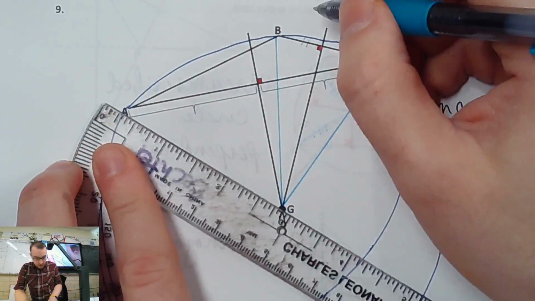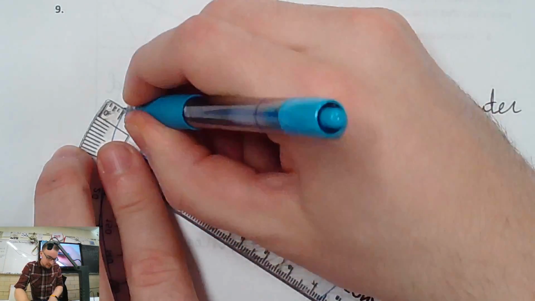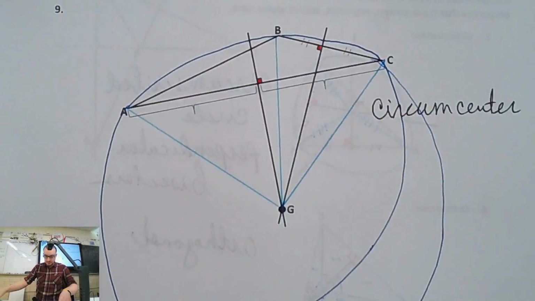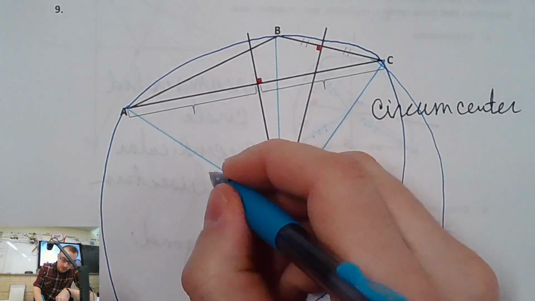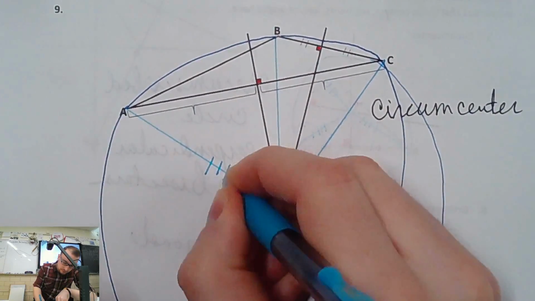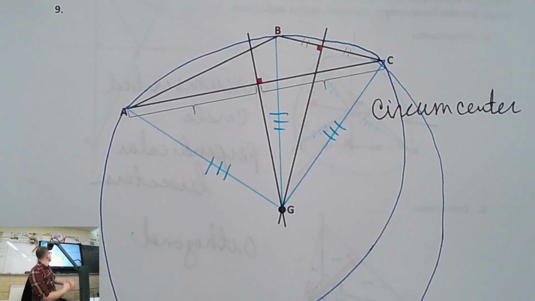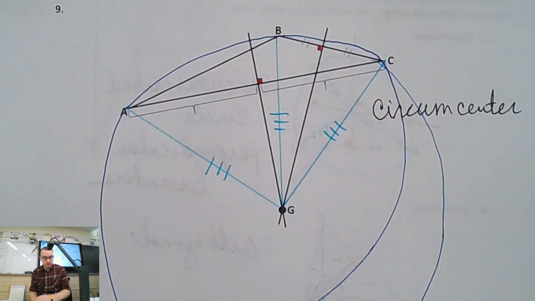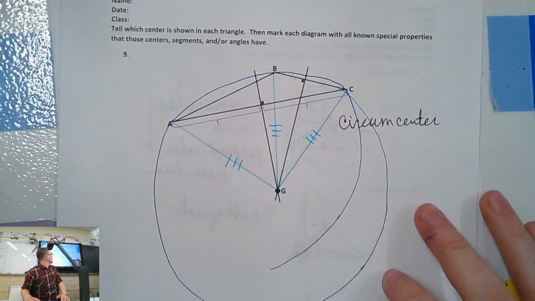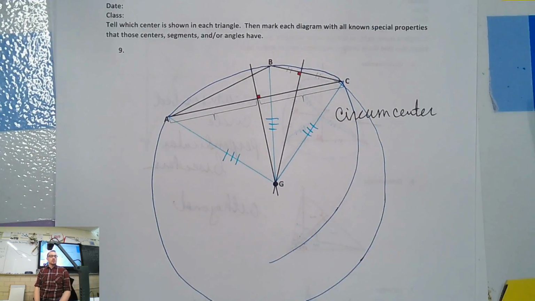And G to A is a radius, which means if they're all radii, what must be true about those lengths? They're all the same, right? Cool. Are we good with that? It's a weird looking diagram, but remember, perpendicular bisectors always produce weird diagrams.